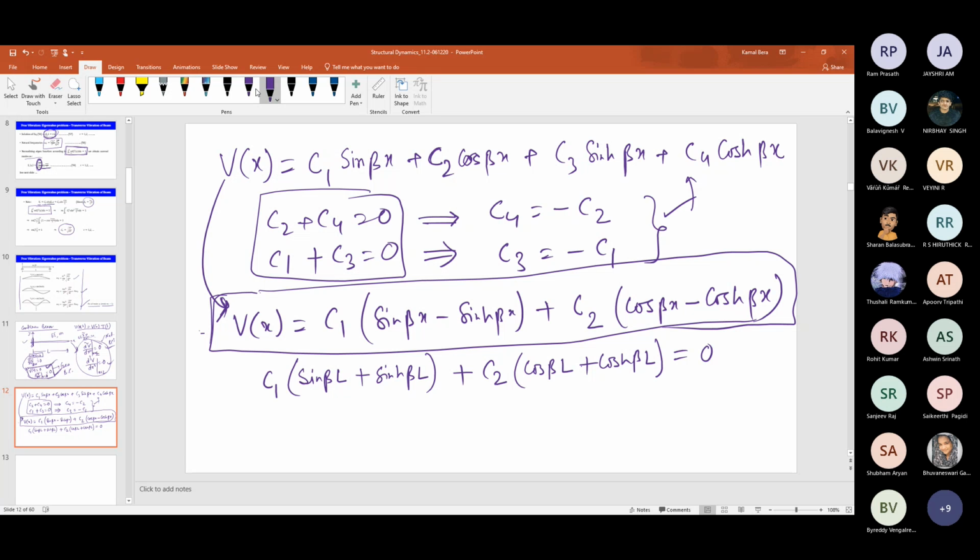Anybody has difficulty in this expression? Applying the boundary condition now on this expression. Someone has got this equation. The remaining one boundary condition, I'll get one more.